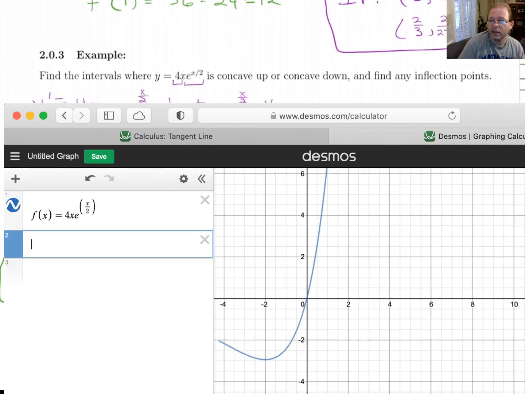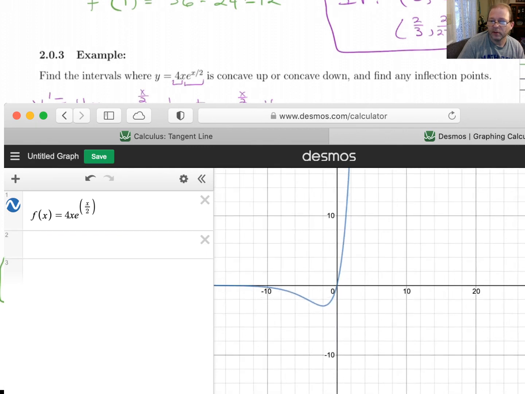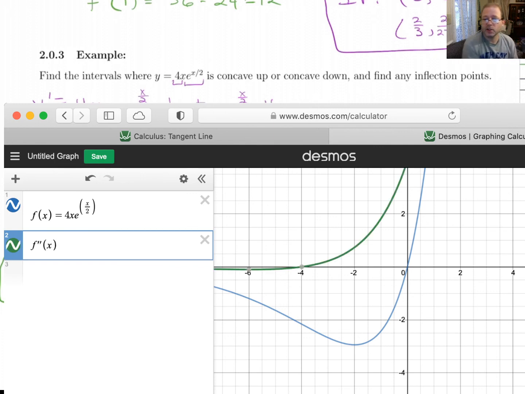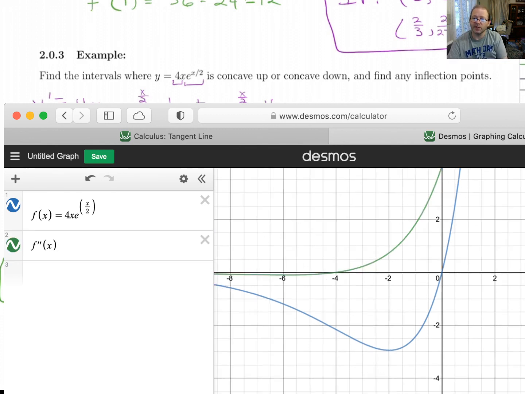Which looks like that. Yeah, it's got this little wobble in it back here. This is saying that the inflection point is right here at -4. One way we can double check that is put f double prime of x. And if this is an inflection point, that should be somewhere where the second derivative changes sign. And sure enough, it is. The second derivative changes from negative to positive right there at -4.